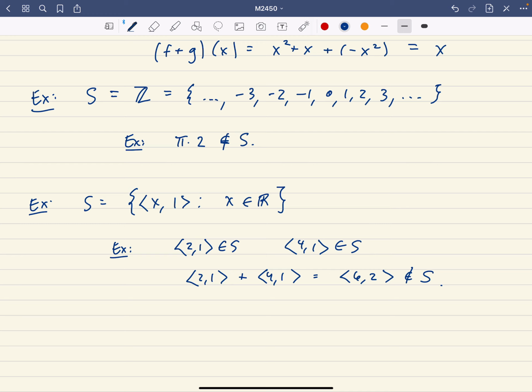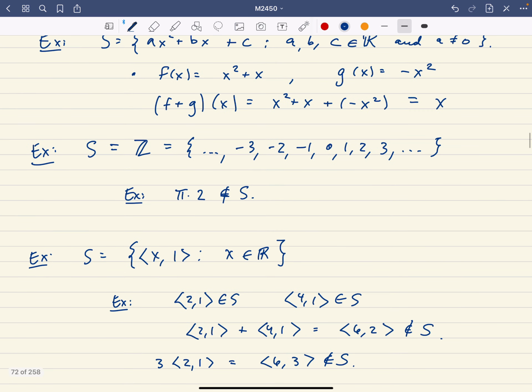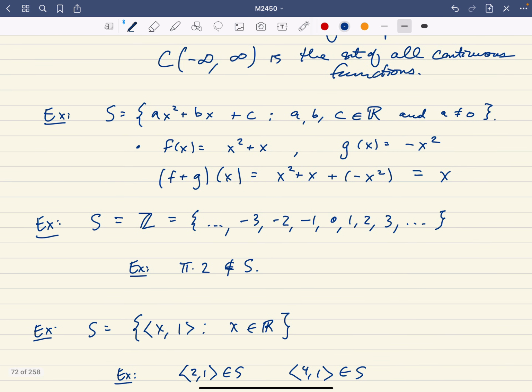It's also not closed under scalar multiplication, because, for example, we could take 2, 1, multiply by 3, and we would end up with 6, 3. That's also not in S because the second coordinate's not 1. Okay, so that is not a vector space. So S is not a vector space.